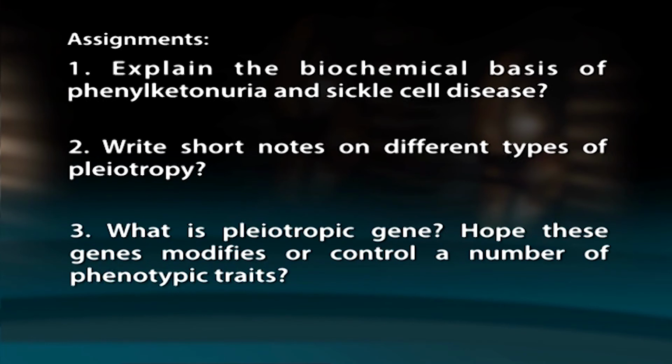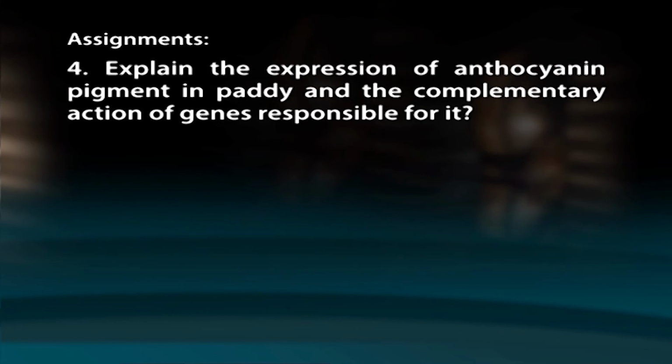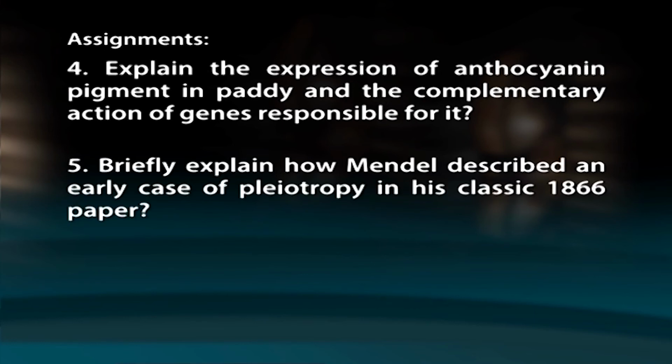How do these genes modify or control a number of phenotypic traits? The fourth assignment is to explain the expression of anthocyanin pigment in paddy and the complementary action of genes responsible for it. And the last assignment is to briefly explain how Mendel described an early case of pleiotropy in his classic 1866 paper.